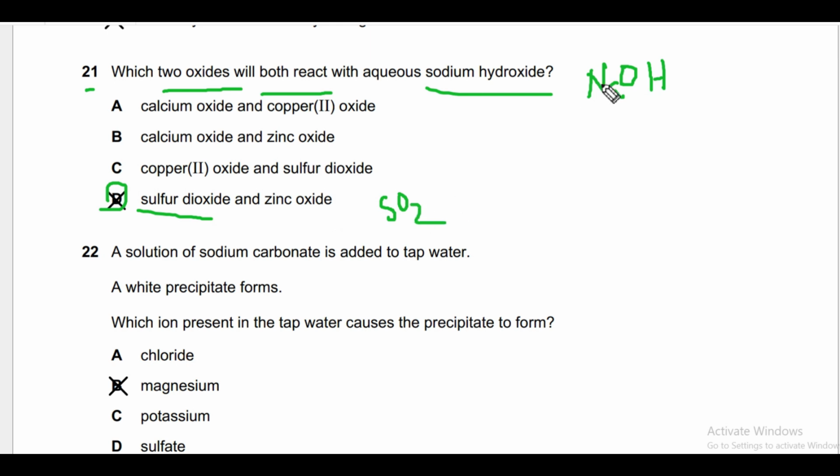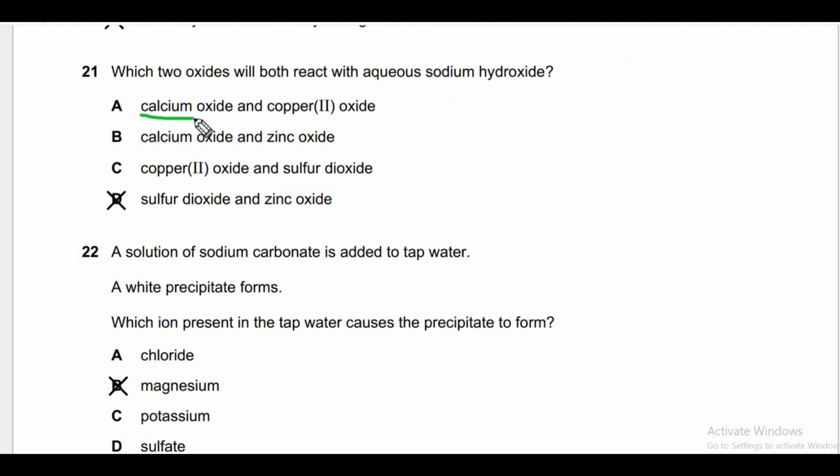Acidic oxide reacts with alkali, sodium hydroxide. This is true. And zinc oxide, a metal oxide, is an amphoteric oxide, that's why it will react with sodium hydroxide. But calcium oxide, a metal oxide, is a basic oxide, and it will not react with base or alkali.